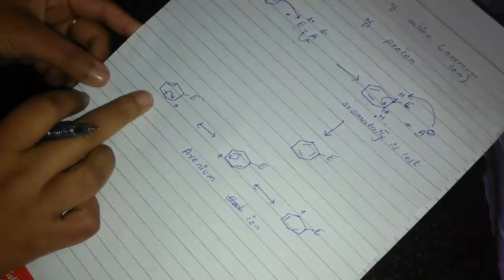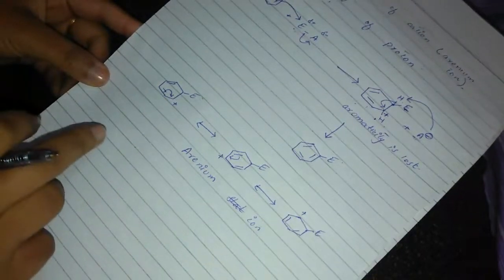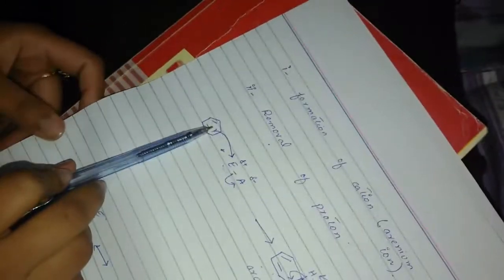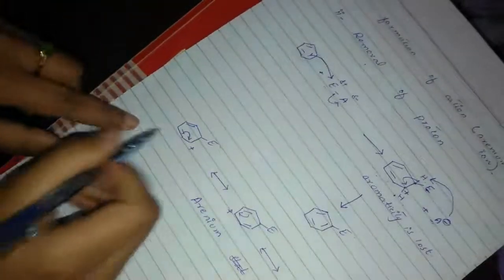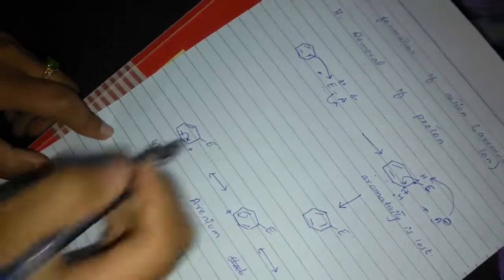This is a non-aromatic compound, but it is stable because of resonance. Here we had six pi electrons, but now we have four pi electrons.